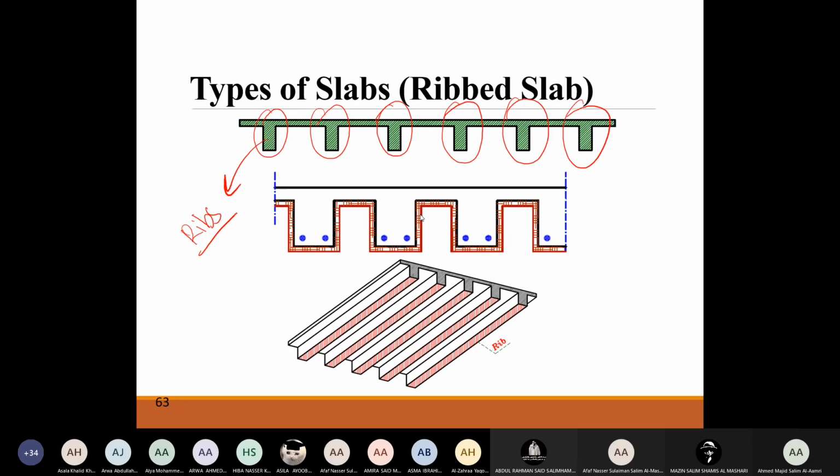This is very good when it comes to a little bit longer spans. You can have it from 8 to 12, or 12 to 13 as well, for a ribbed slab.